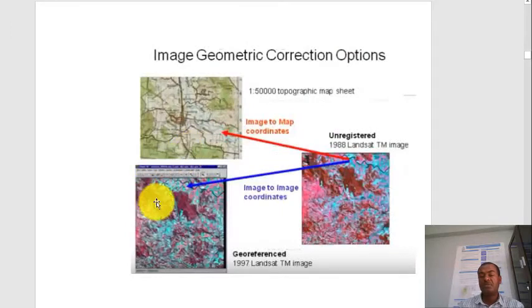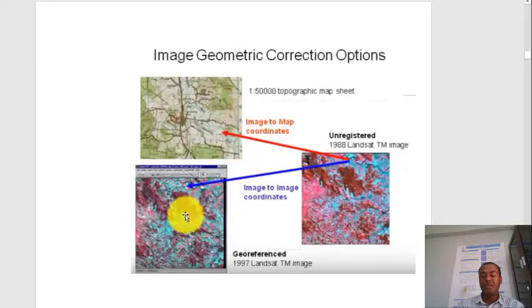This registration process may be of two types: image to map coordinate geometry correction, or image to image geometry correction. When you collect ground control points from a map, it is called image to map geometry correction.